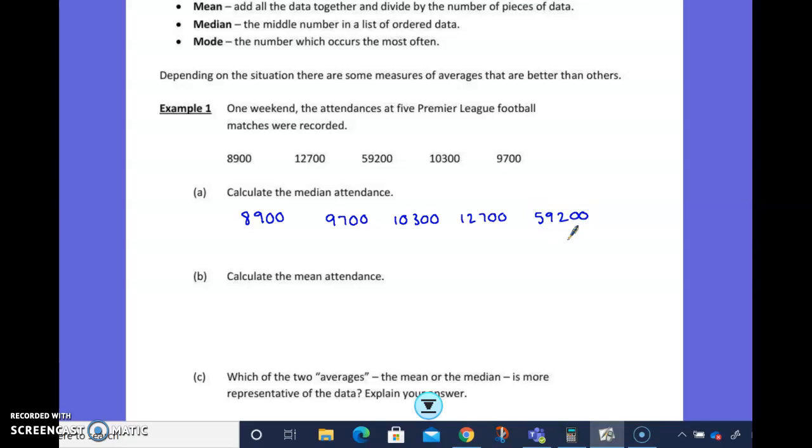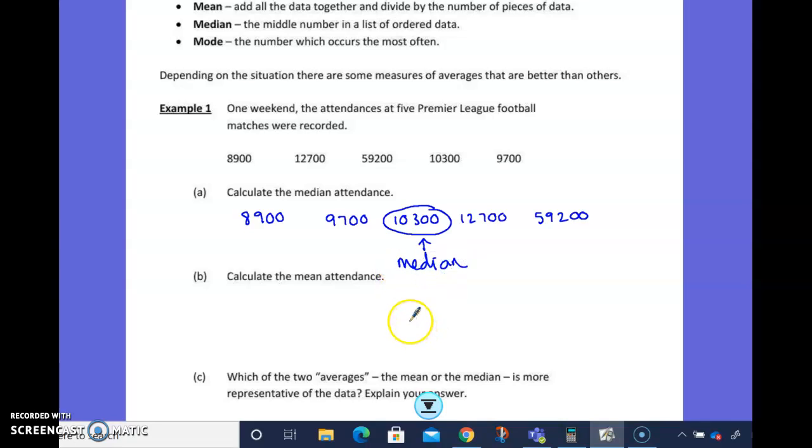Now to find your middle number, you are just looking for the number that is now in the middle. So here we've got 5 numbers, so the middle number is just going to be this one here. Now you see that splits my list exactly in half. I've got 2 numbers this side, 2 numbers this side, so that is my median.